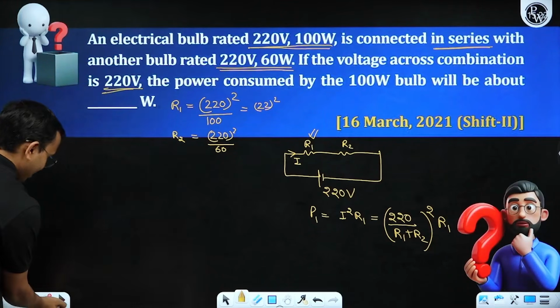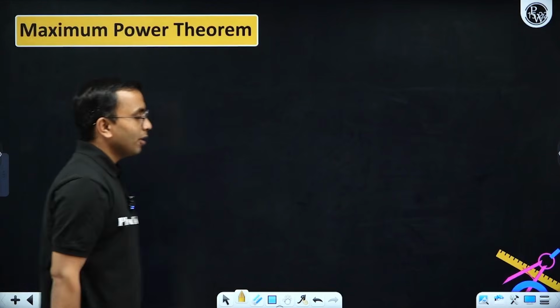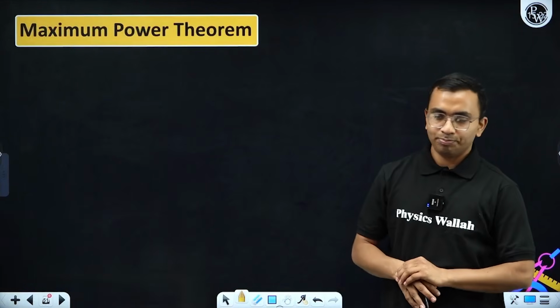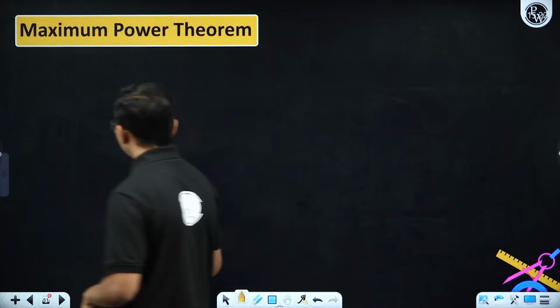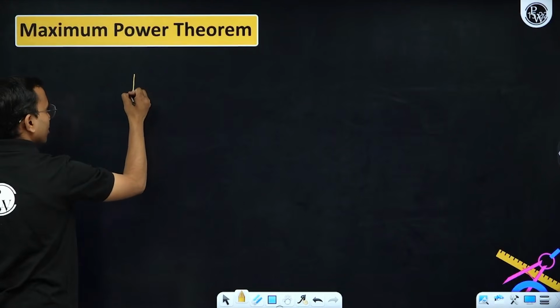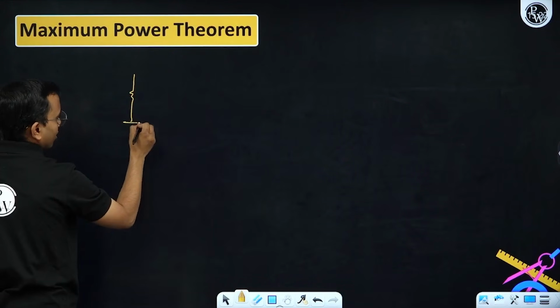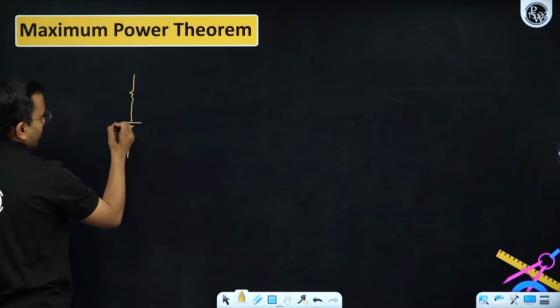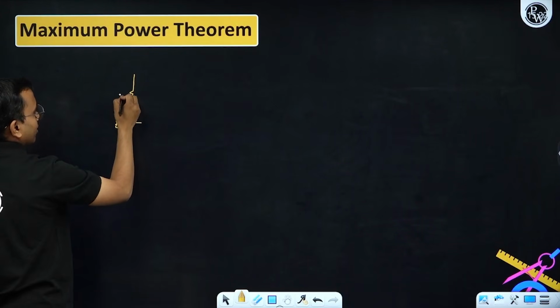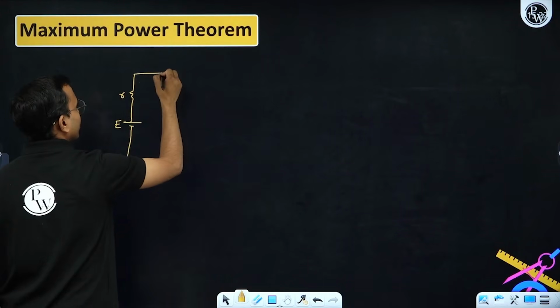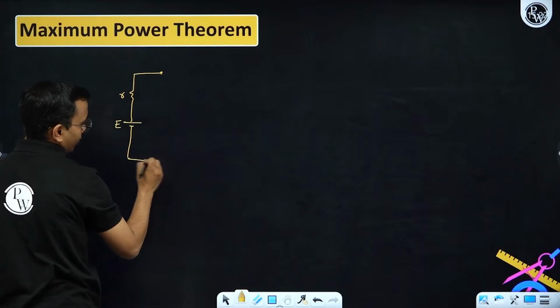Okay, now moving ahead, maximum power theorem. Let us take some EMF E, internal resistance r. Okay, this is my cell. These are the terminals of the cell.